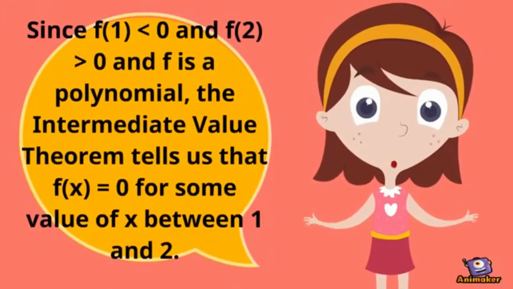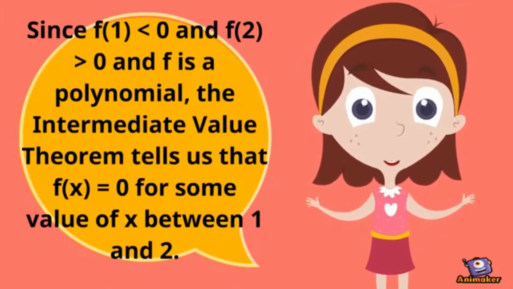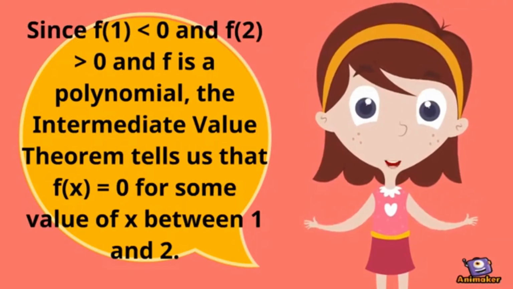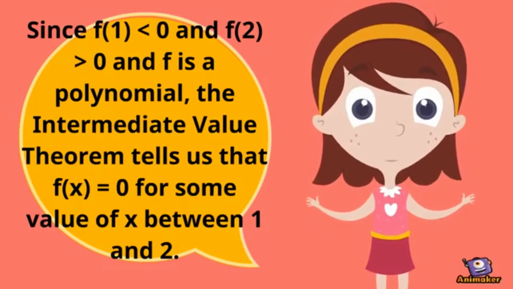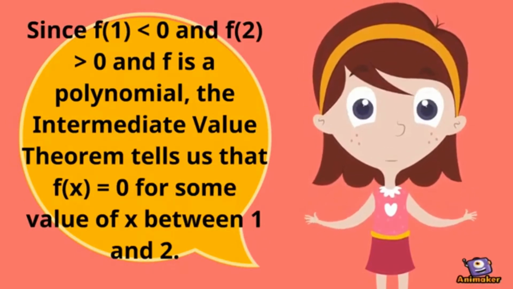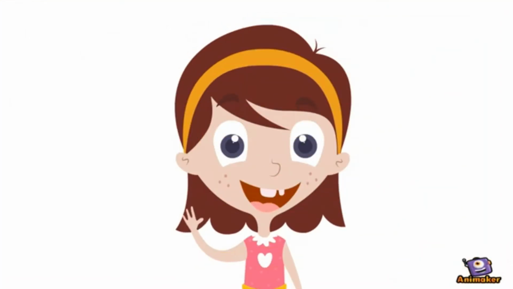Since f of 1 is less than 0 and f of 2 is greater than 0, and f is a polynomial, the IVT tells that f of x is equal to 0 for some value of x between 1 and 2. So that was it, guys, for the intermediate value theorem.